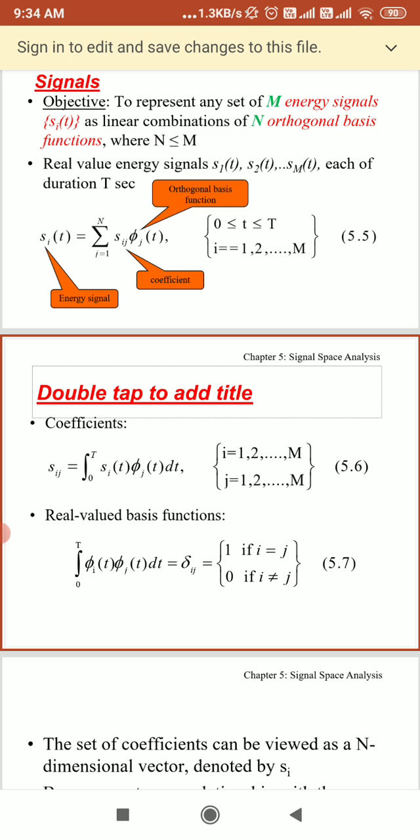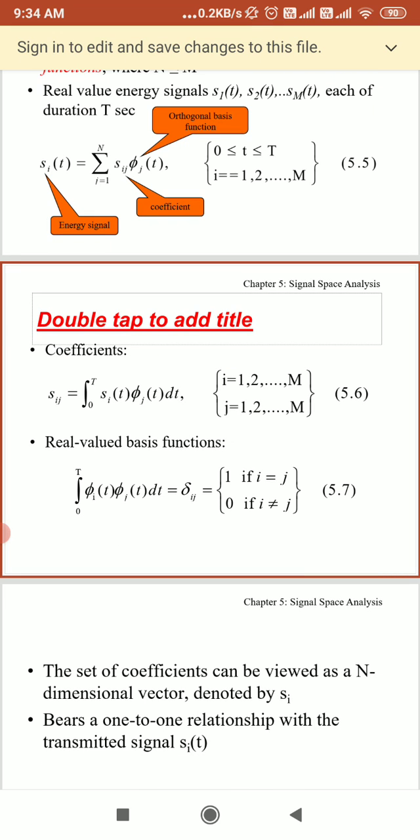So we will consider the real valued basis functions phi j of t which are orthogonal to each other.